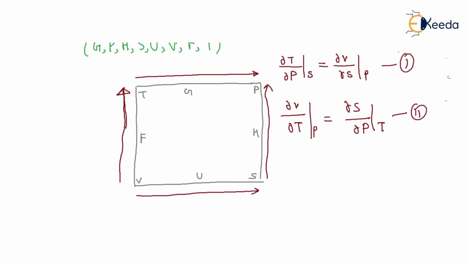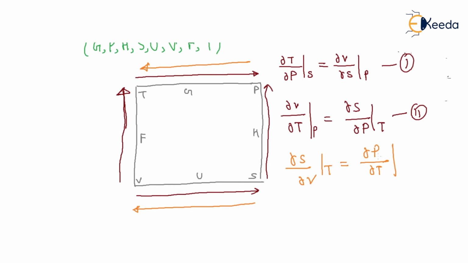Equation number third, draw any one line. Now we draw opposite, so ∂S/∂V at constant T, and draw also a parallel line from opposite, ∂P/∂T at constant V. This is equation number 4.